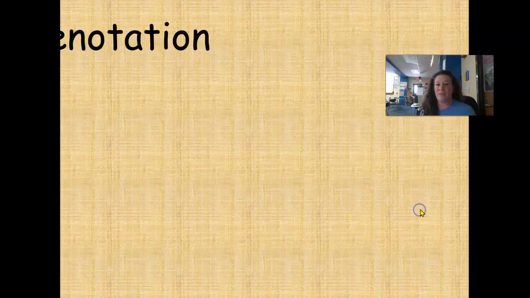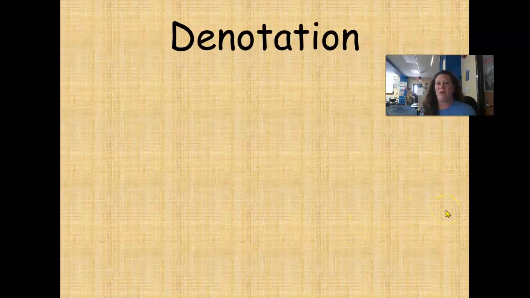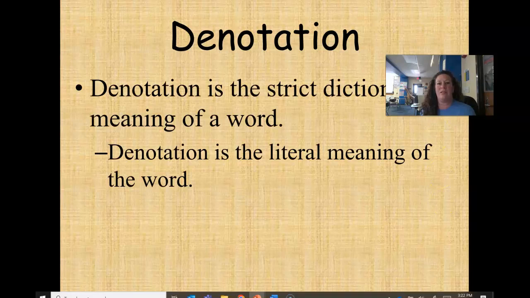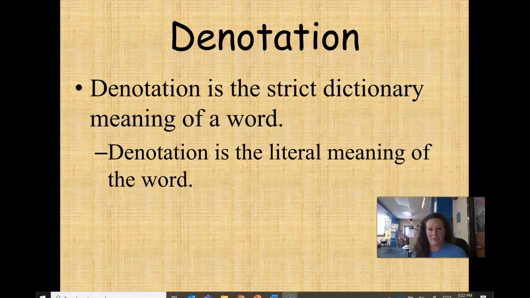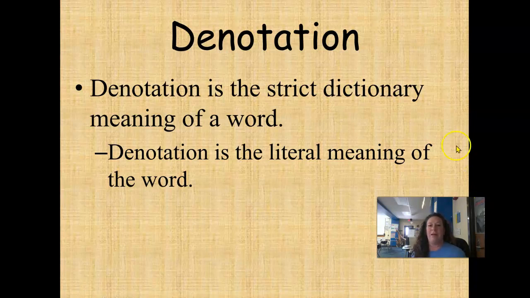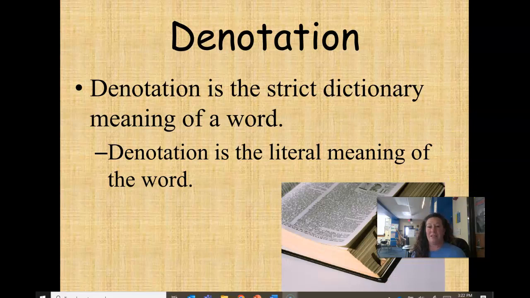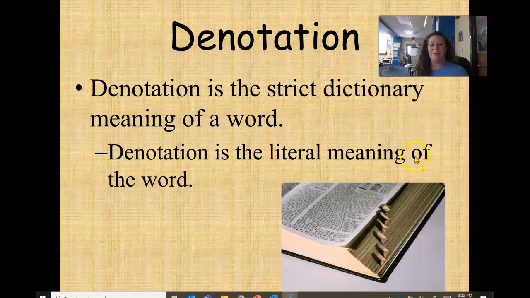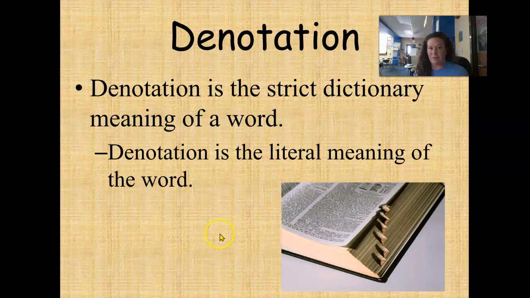This is quarter 1 vocabulary, so these are words that you should have been kind of practicing. So denotation is the dictionary definition. It's the very strict, literal meaning of a word, okay? And I always try to remember it as like the dictionary, which starts with a D, right?